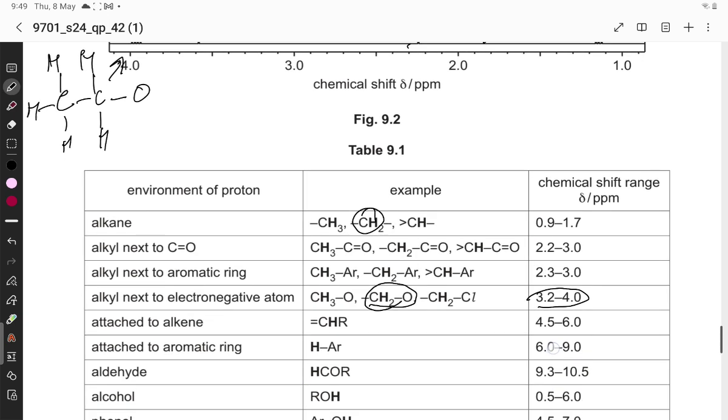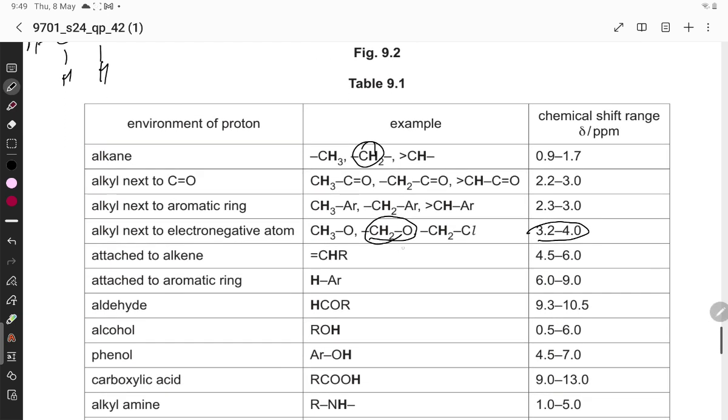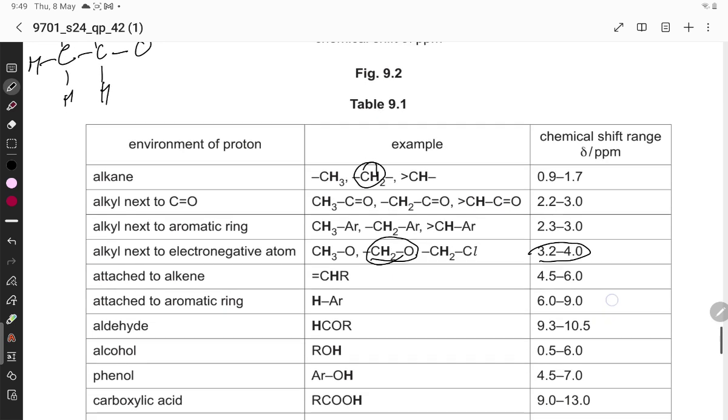CH3O, CH2O, alkyl next to an electronegative atom.